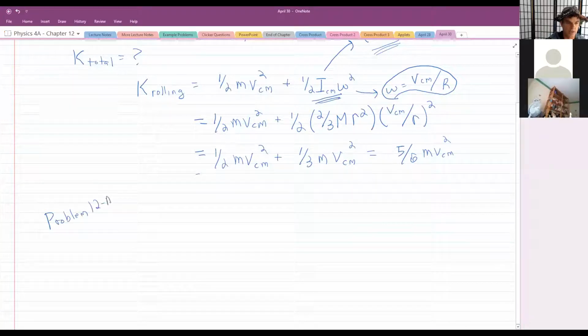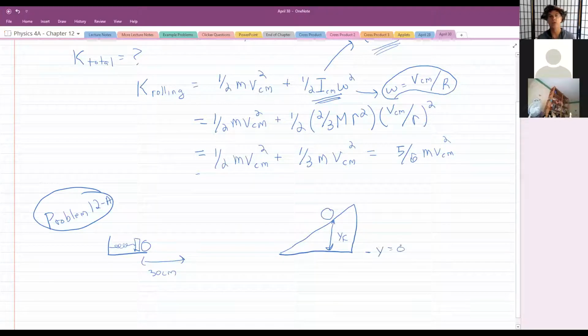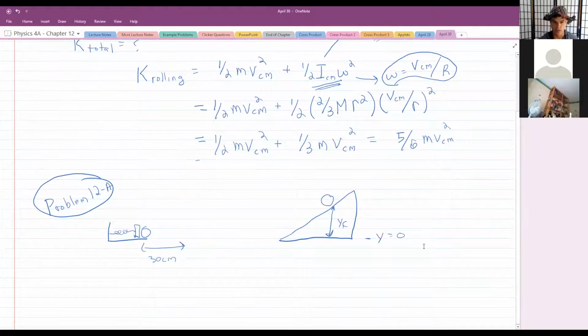Problem 12A. So initially the spring is compressed by 30 centimeters. And then at the end, the spring is no longer compressed, but the ball gets up to some final height, y final. And to be clear, let's just define y equals 0 to be when the ball is at the ground level.